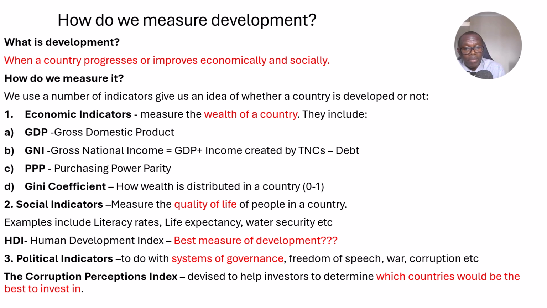So if a country is corrupt, then it will be considered as not a very good investment prospect. Because if investors take their money there, then their money would be in danger of either being wasted or the investment not being a good investment.